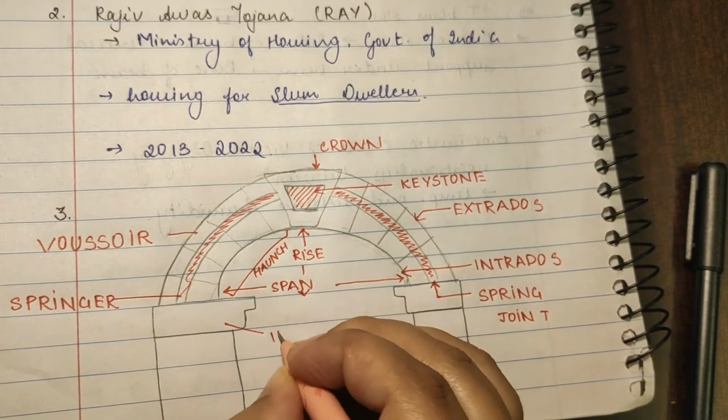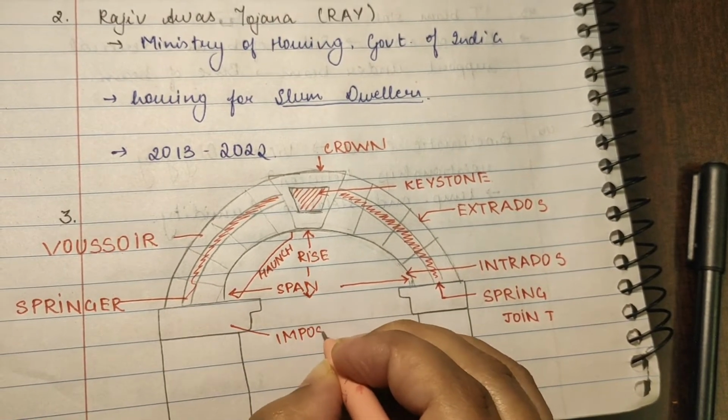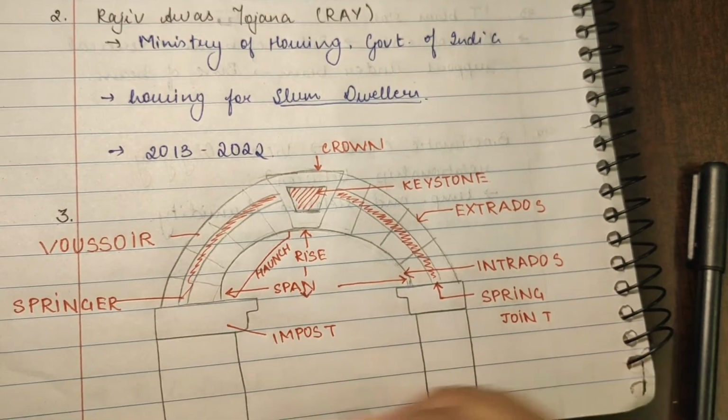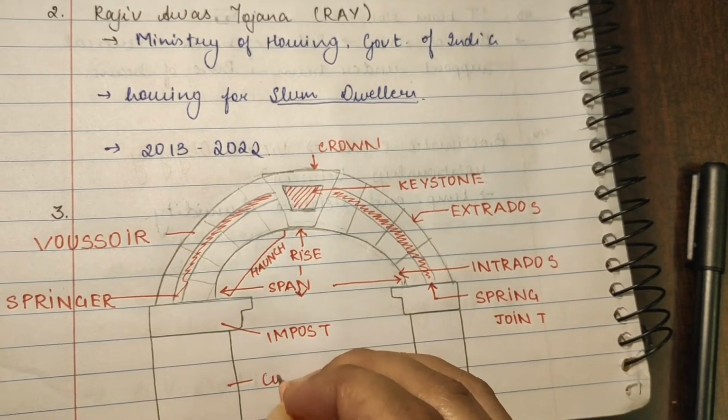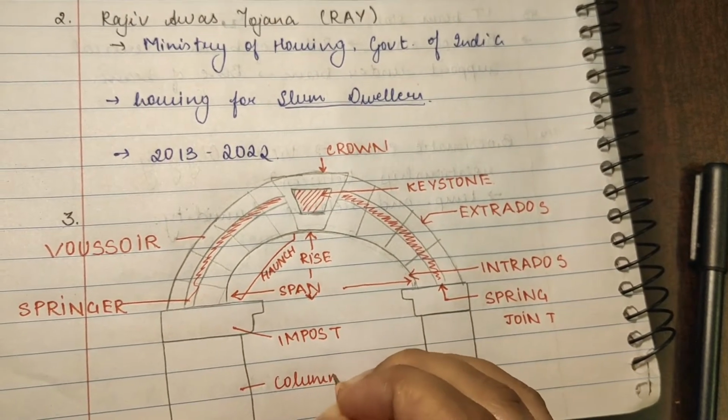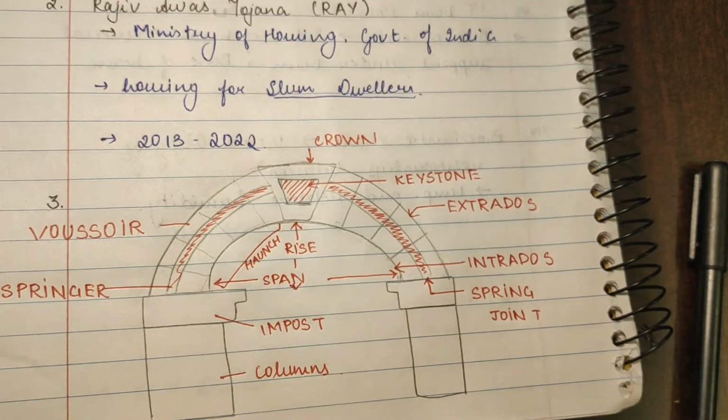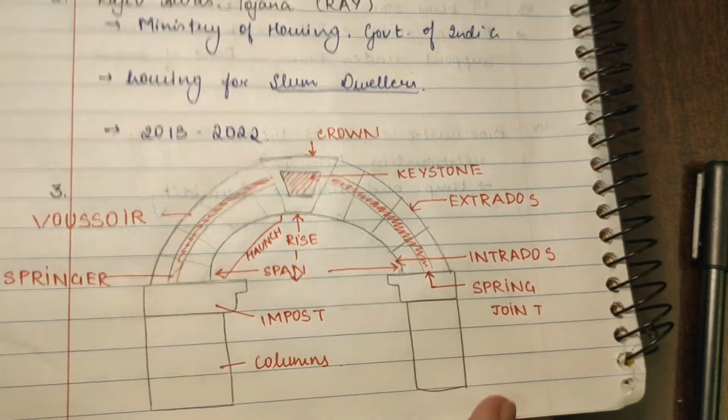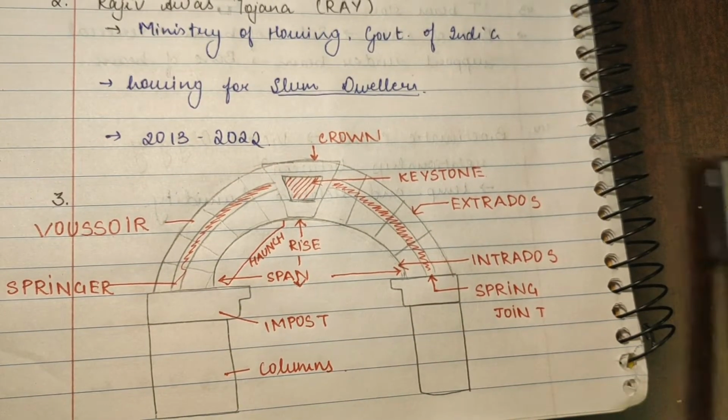This is impost. And these are basically columns. This is the basic sketch of an arch with all these detailed elements.